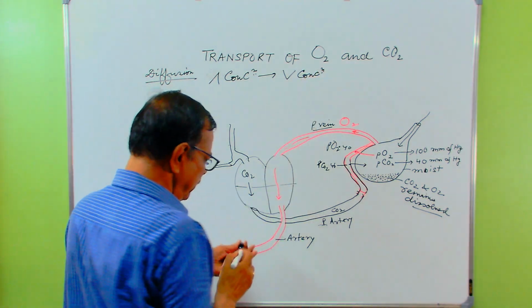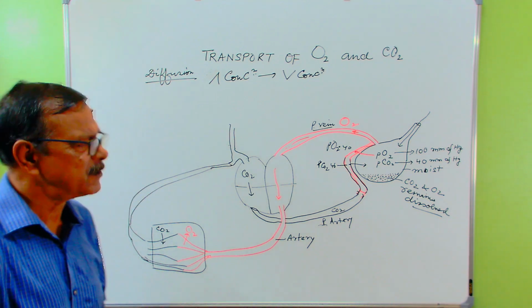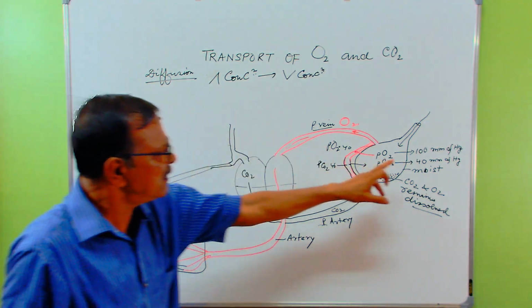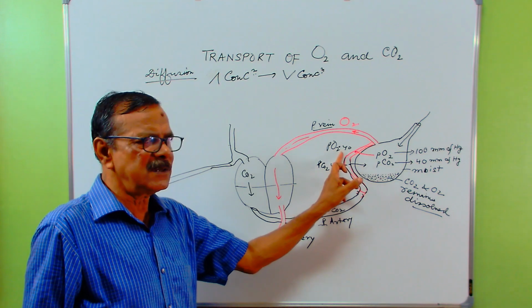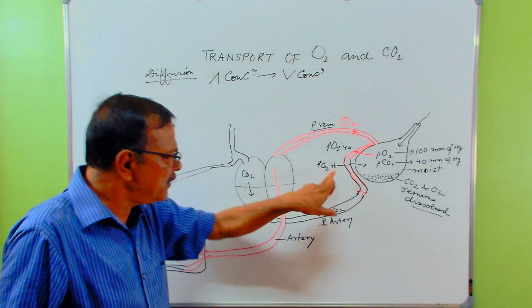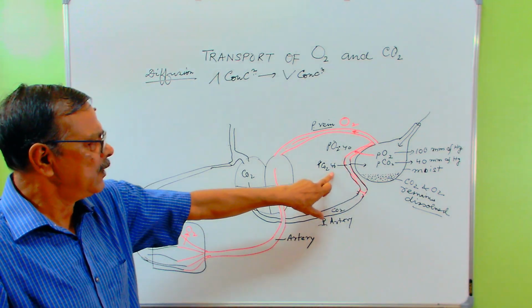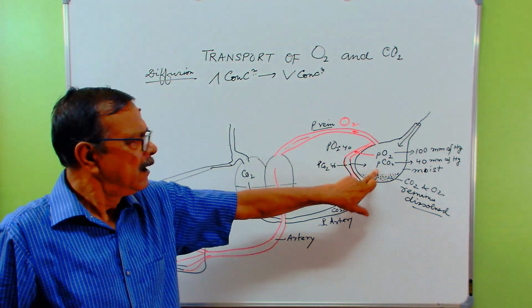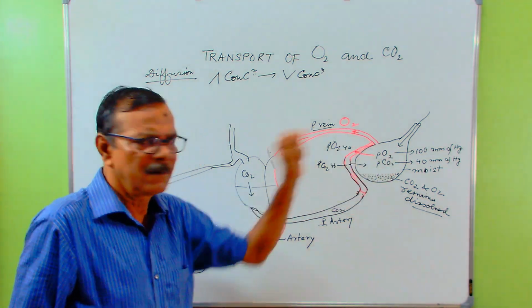This is the movement of gases or any substance. So from the higher concentration, it will go to lower concentration, and here also from this higher concentration, this will move to lower concentration. But what about this?